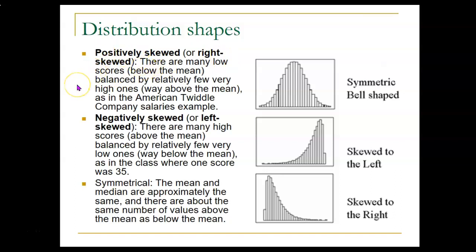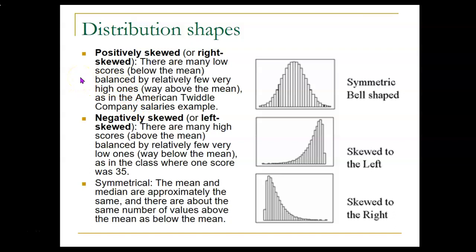When you have a bunch of data values, sometimes we say that they are positively skewed or right skewed or skewed to the right if there are lots of low scores, lots of scores below the mean, that are balanced out by 1 or 2 or just a few very high scores. The American Twiddle Company salary was an example.